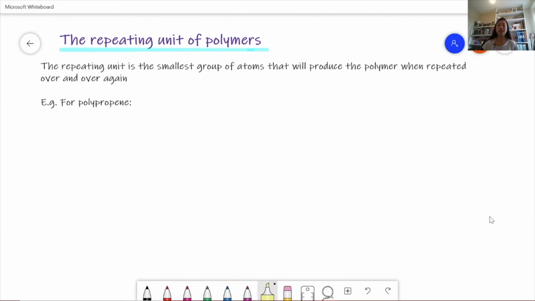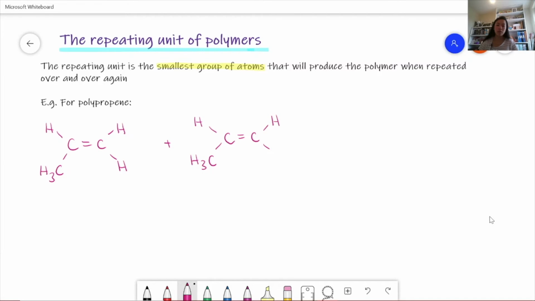So now we're going to look at the repeating unit of polymers. So the repeating unit is the smallest group of atoms that will produce the polymer when repeated over and over again. So for example, if we looked at polypropene, so we have 2 propene molecules, and then we can form the polypropene.